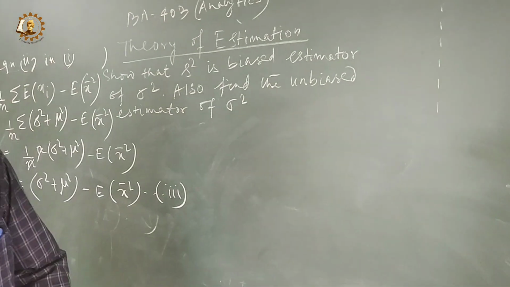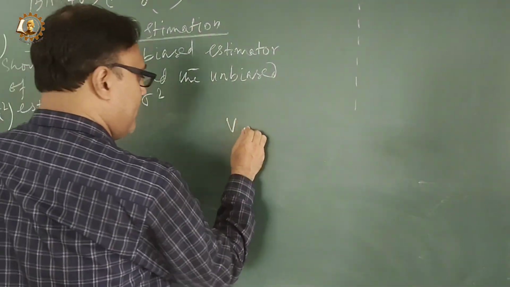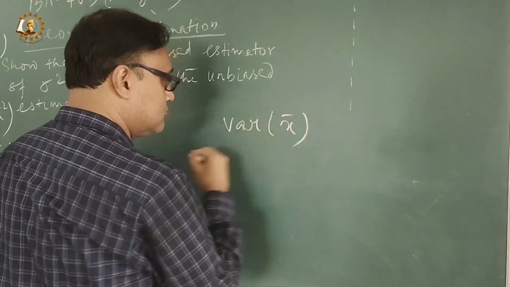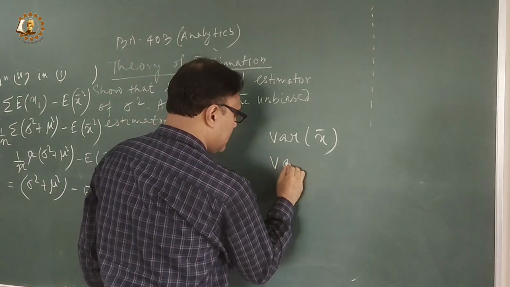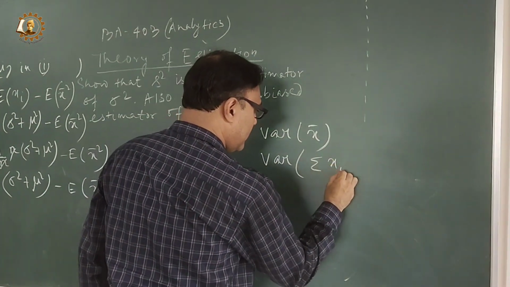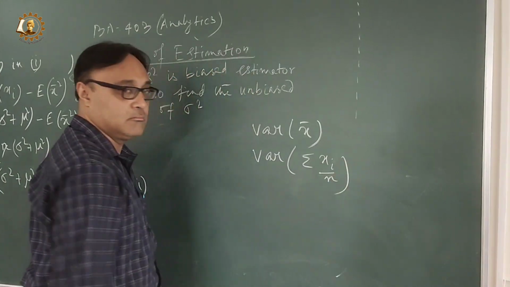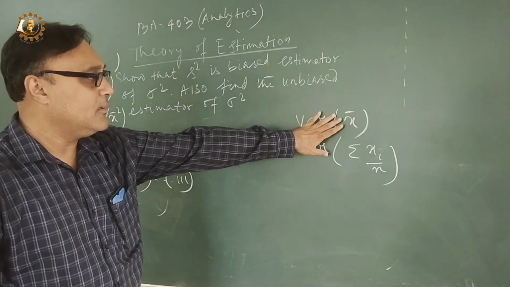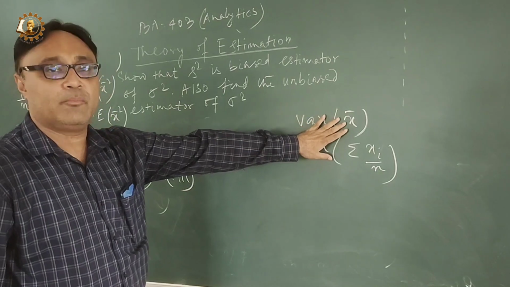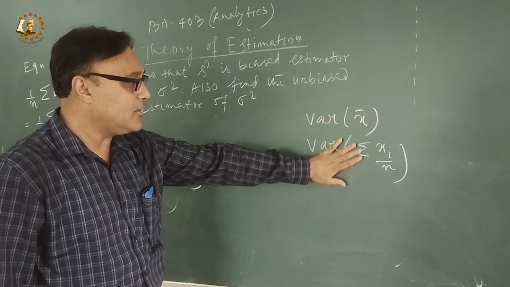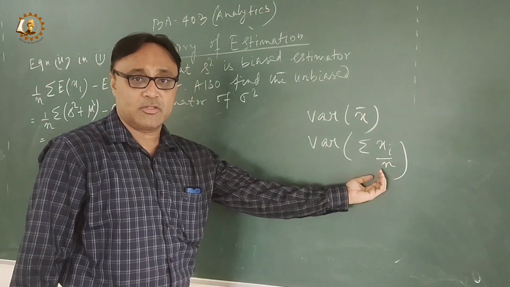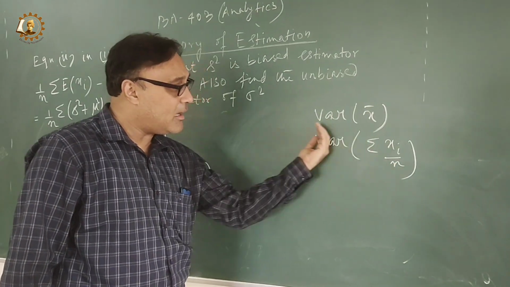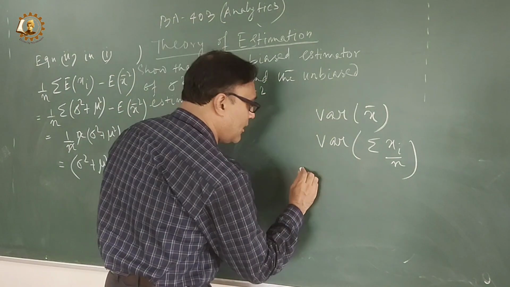Now, if we write variance of x bar, what is x bar? It is the variance of summation of xi by n. I am replacing the expression of x bar. By definition, it is summation of xi by n, and 1 by n is a constant term. It will be taken outside.